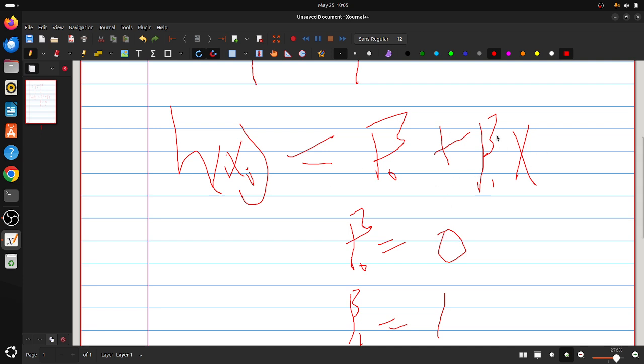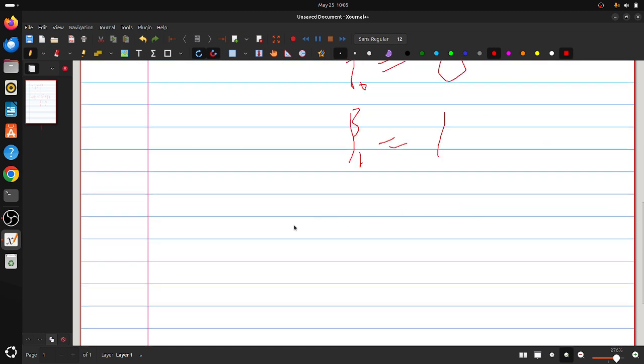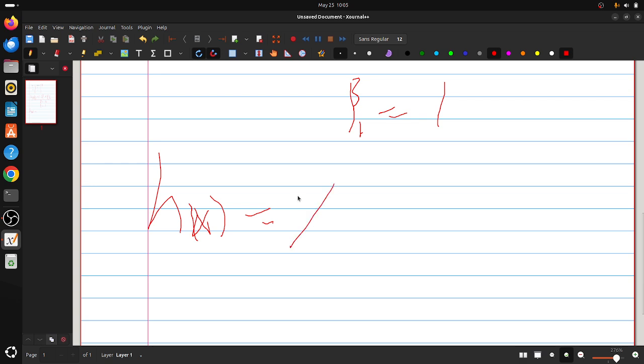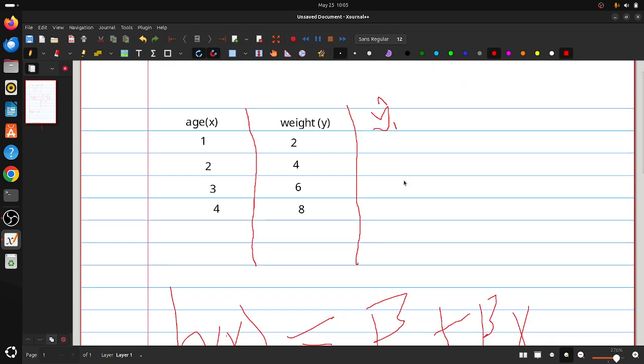When I feed them into our model, I can start the prediction. My model will be equal to x, because beta naught is 0 and beta 1 is 1, so I remain with x. In other words, the predicted values our model will predict will be 1, 2, 3, and 4.